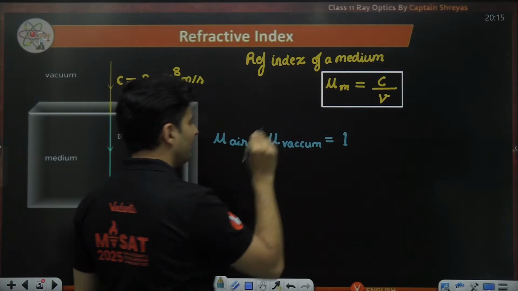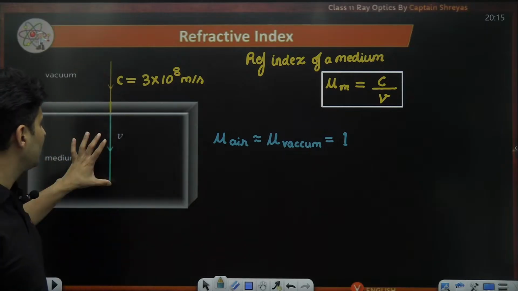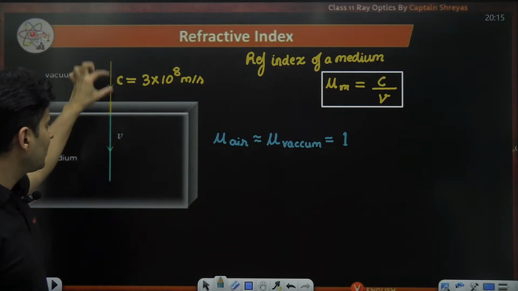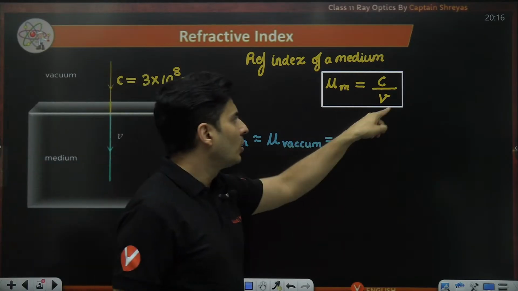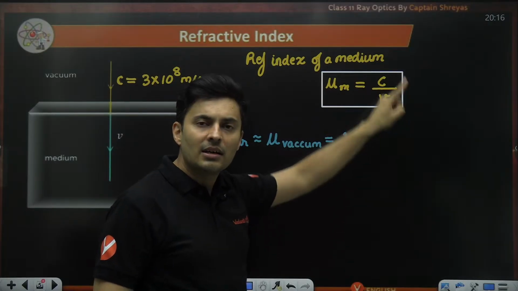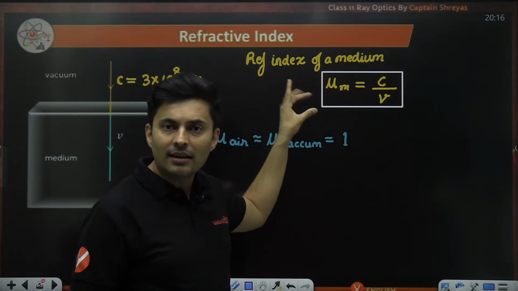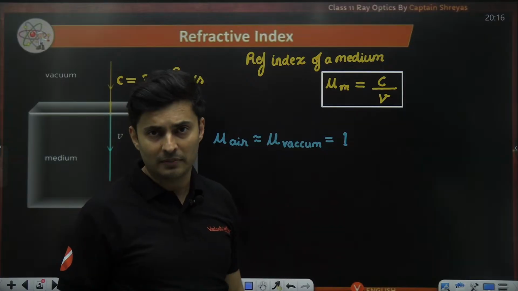For vacuum, it is a perfect 1 because imagine this is vacuum, this is also vacuum. Speed will not change. c will remain c. So the denominator will still be c. Numerator and denominator will cancel and the refractive index of vacuum will become 1.